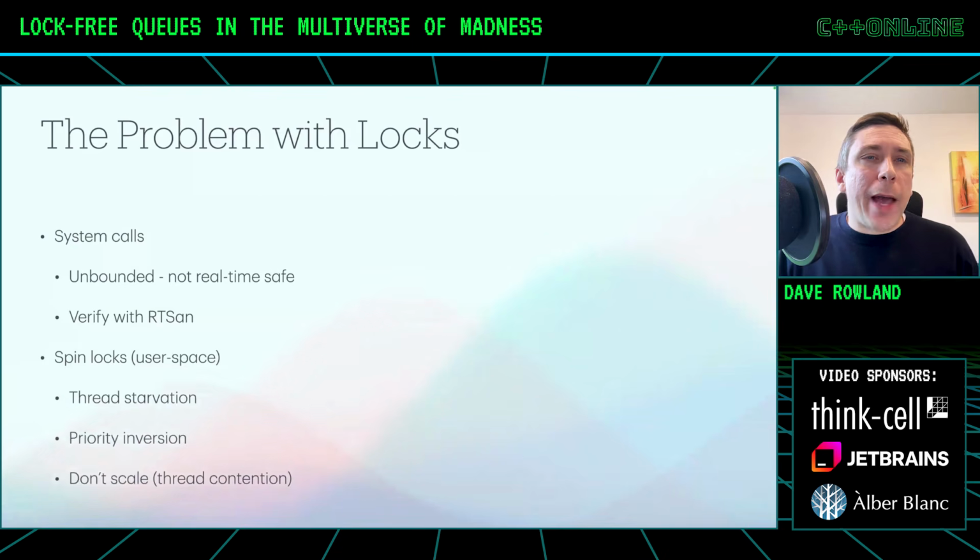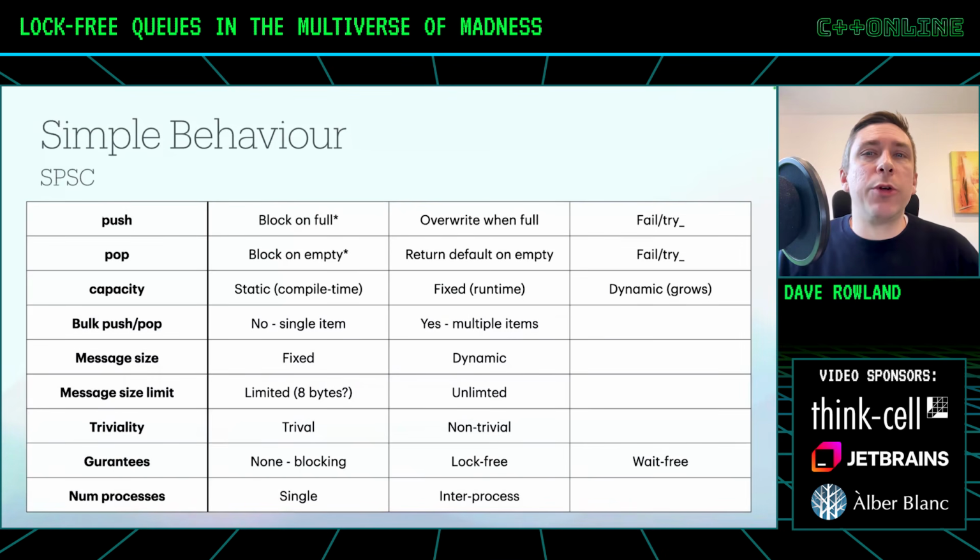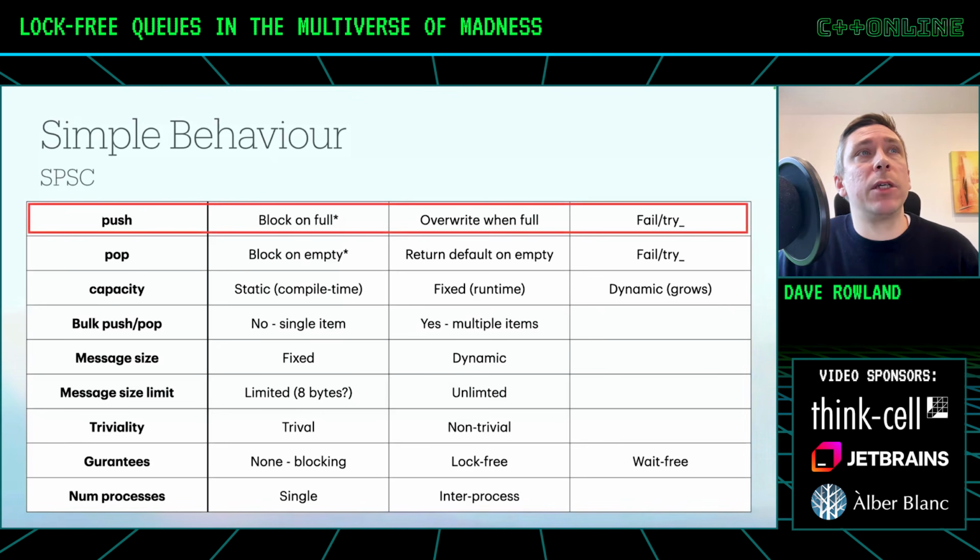So if we think about the behavior that you can specify even for the simplest case of a lock-free queue, which is the single producer, single consumer, you can start to see how you get different behaviors for, say, push. You could just block as you're trying to push an item on and wait, if it's full, for some data to be removed in order to make some space.